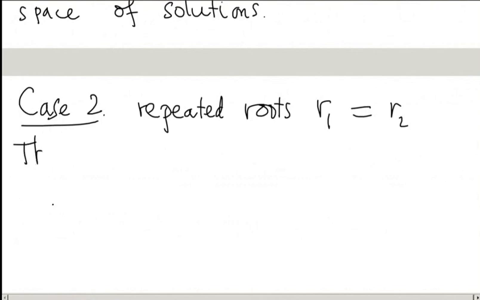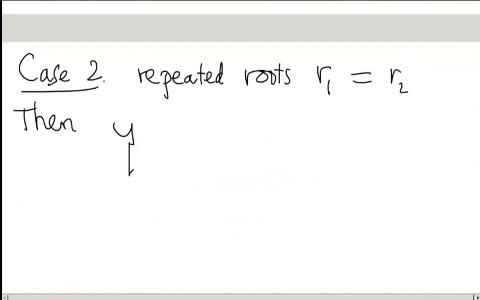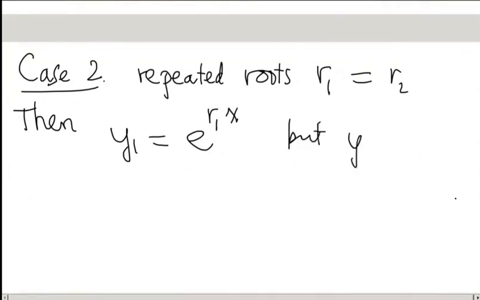In this case, y1 is e to the r1x, but we cannot take y2 to be e to the r2x, because this will be the same as y1, and so the ratio would be 1, a constant, and y1 and y2 would be linearly dependent, so they will not form a basis of solutions. So in that case, we need to take y2 to be something else.